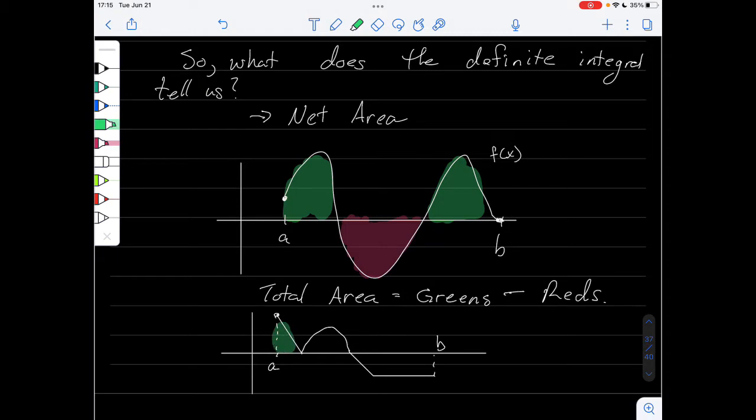We're going to add this area and the area of this semicircle, and then we're going to subtract this triangle and this rectangle.